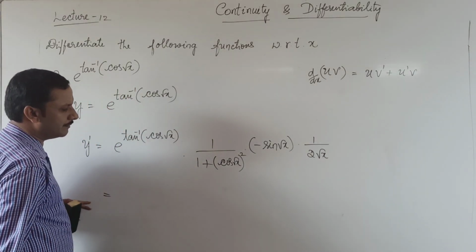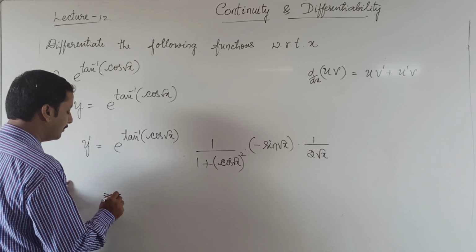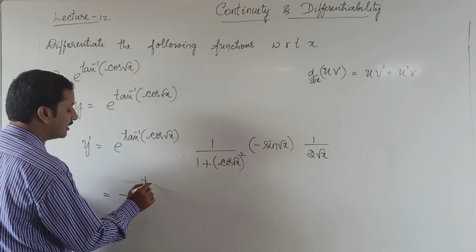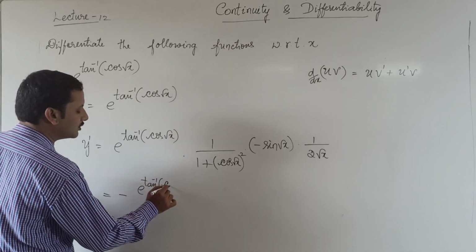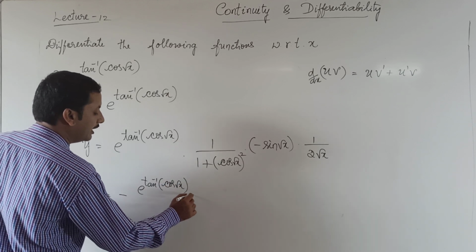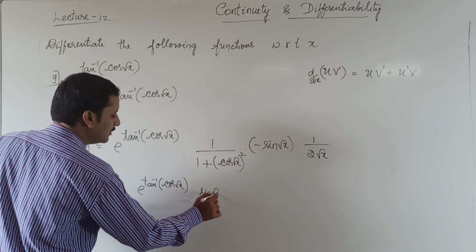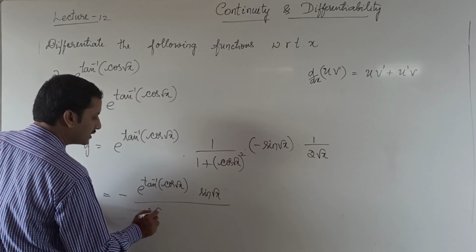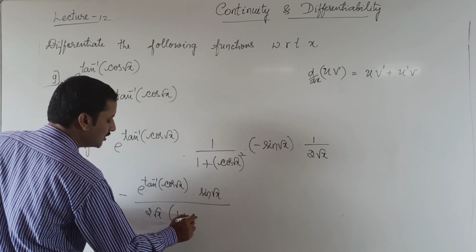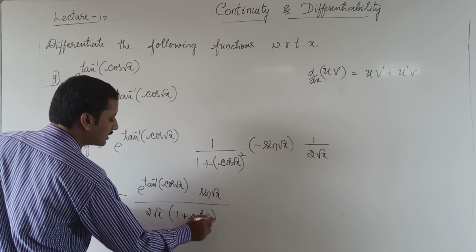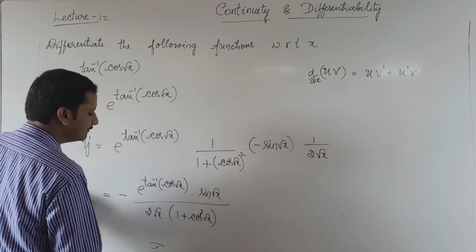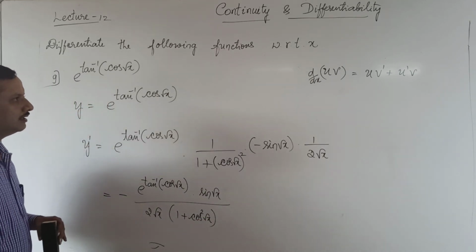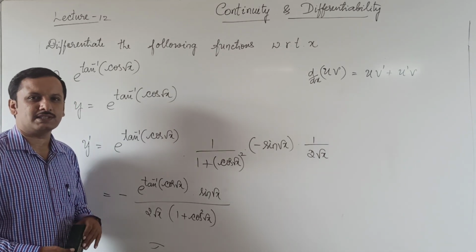Here this is equal to, we cannot cancel anything, minus e power tan inverse of cos root x into sin root x divided by 2 root x into 1 plus cos square root x. Okay? With this I will stop today's class. Thank you.